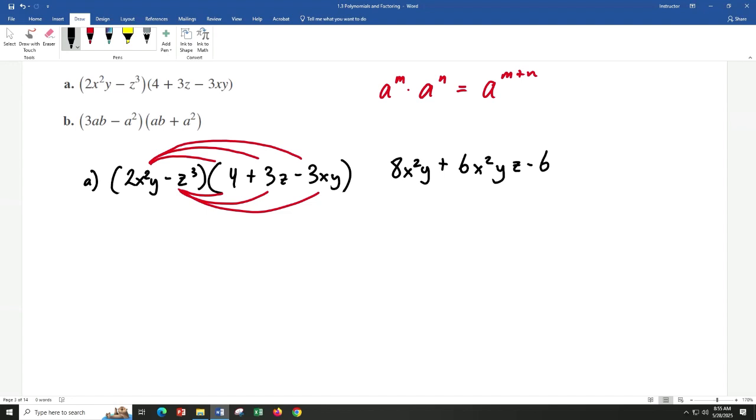And then I start noticing, oh, look, I've got x squared times x. Well, that's the same basis. The x has a power of 1, so it's just 2 plus 1. So this is going to become x cubed. Notice I also have a y, and so that is going to become what? Y squared.